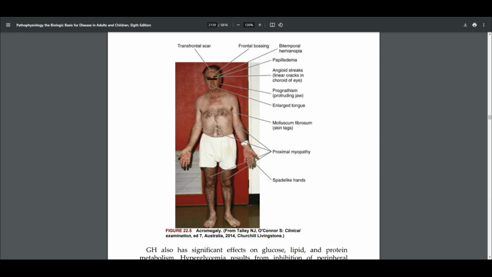And here you again see a picture of acromegaly. You have a transfrontal scar or frontal bossing.